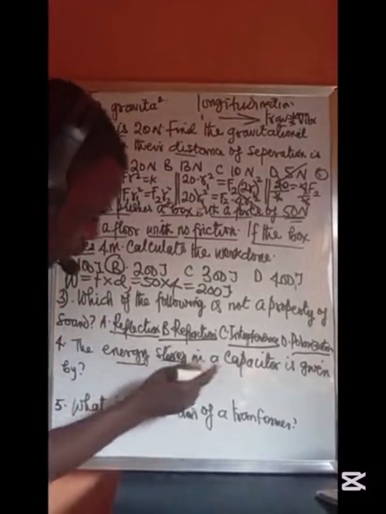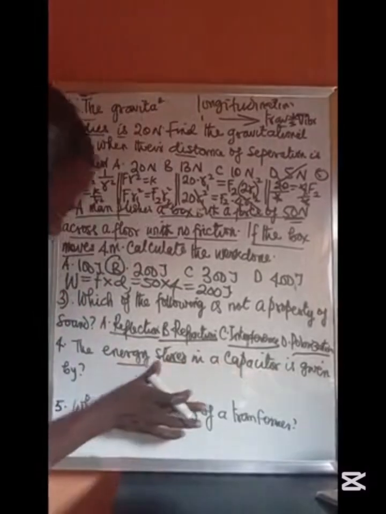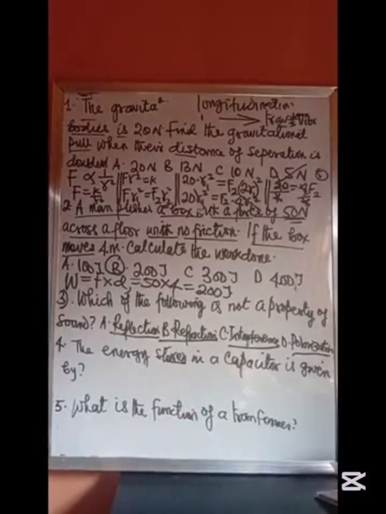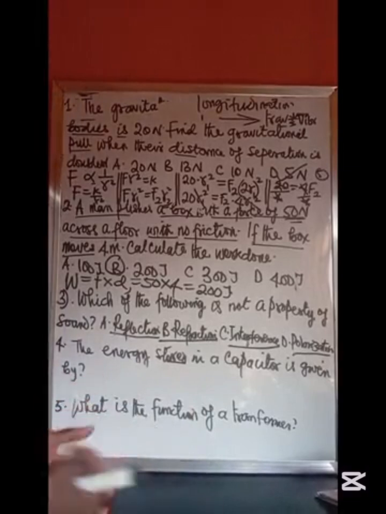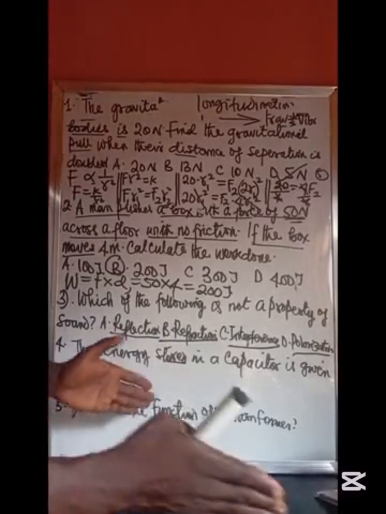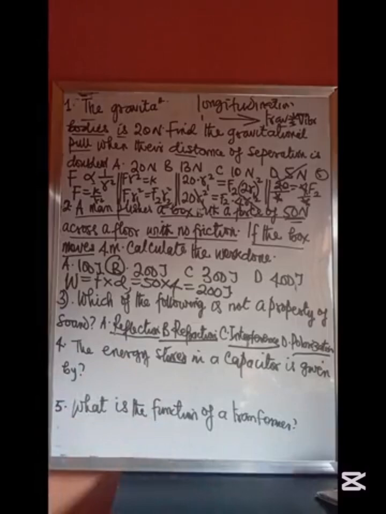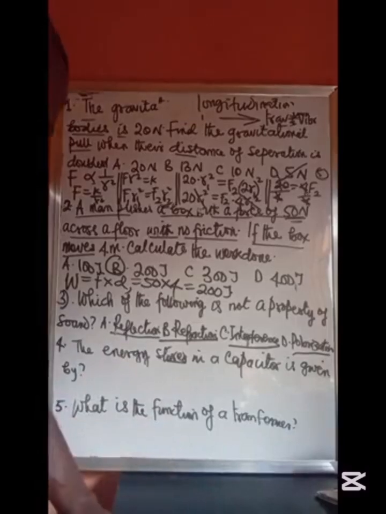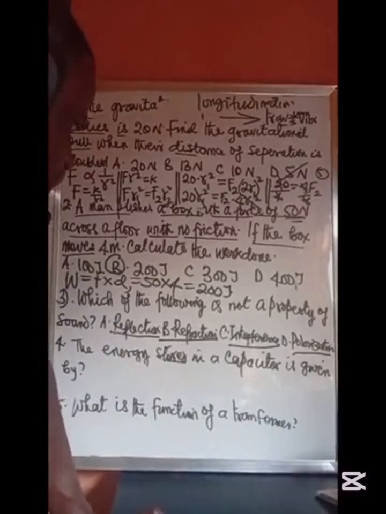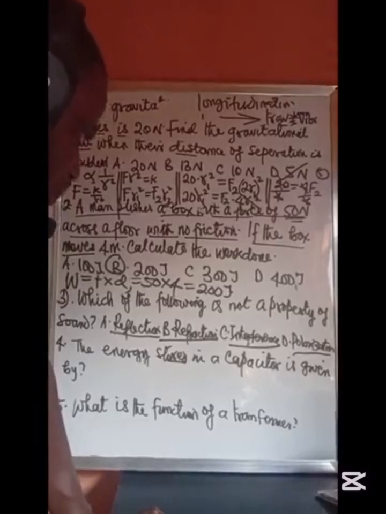Let's continue. Number 4 says, the energy stored in a capacitor is given by dash. Now, what does a capacitor do? A capacitor's job is to store charge across two oppositely charged plates. To know how good a capacitor is, we talk about the capacitance, which is the measure of charge per potential difference.